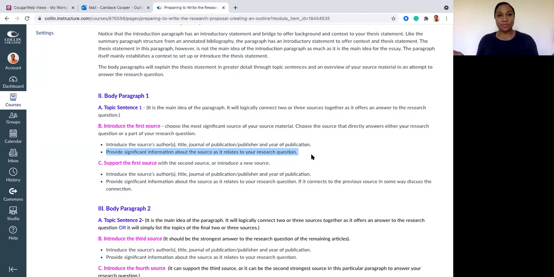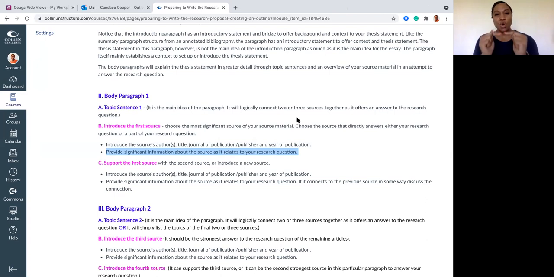So for the annotated bibliography, you are basically writing a summary of the information in general. For the research question and for the body paragraph, you're wanting to make a connection between the content that's in the article as it relates to the research question.